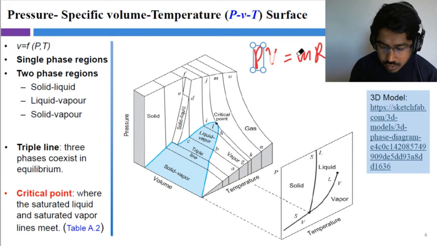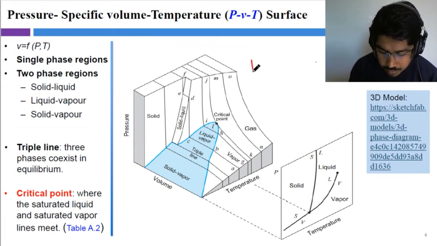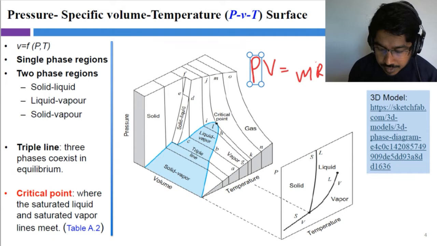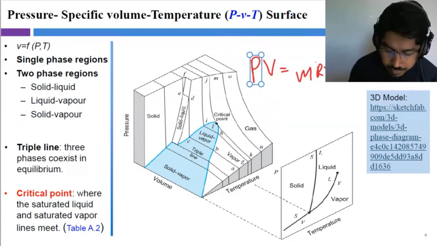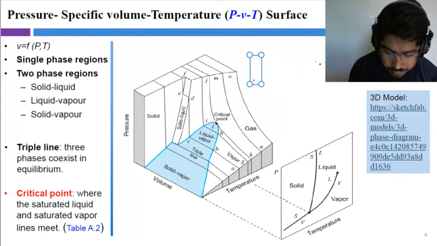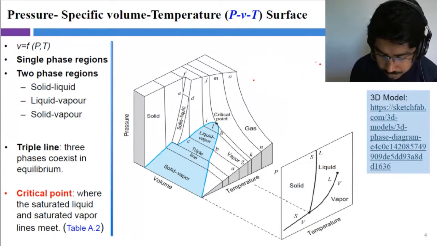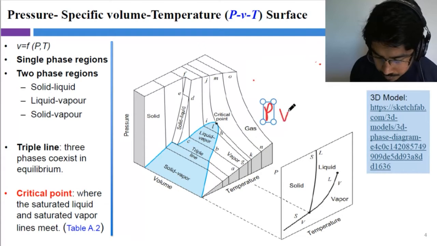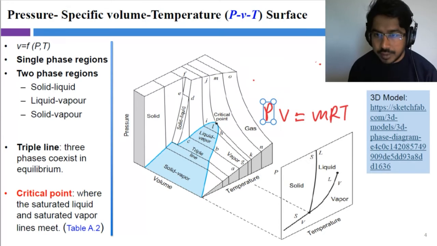Oops, I went across the space. PV equals mRT, finally.